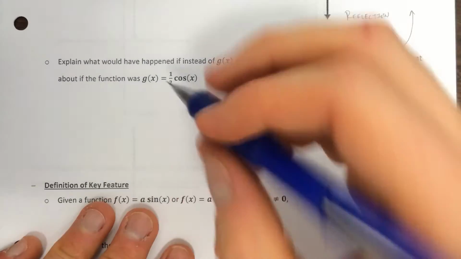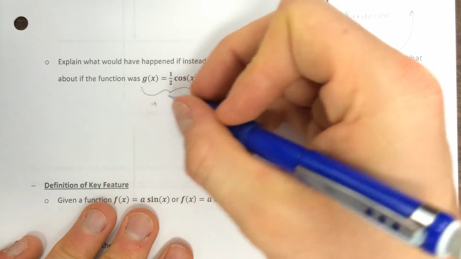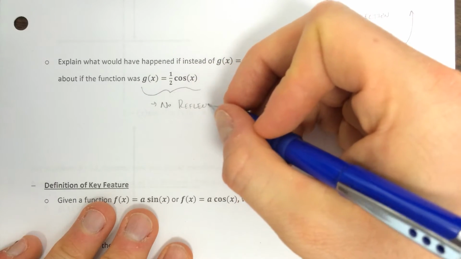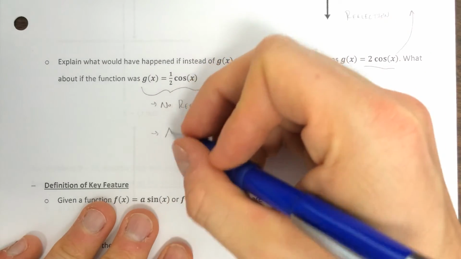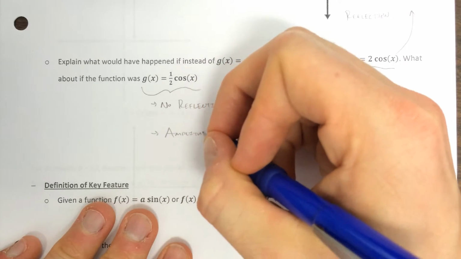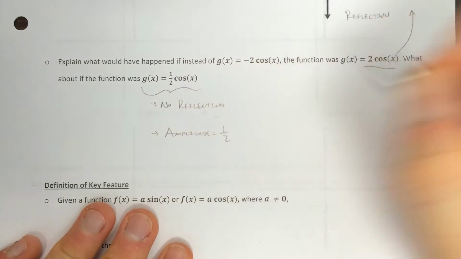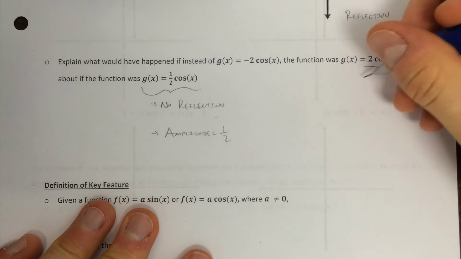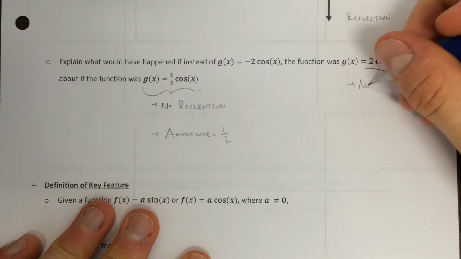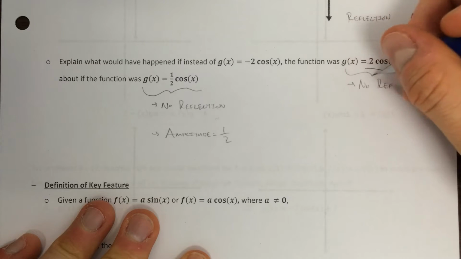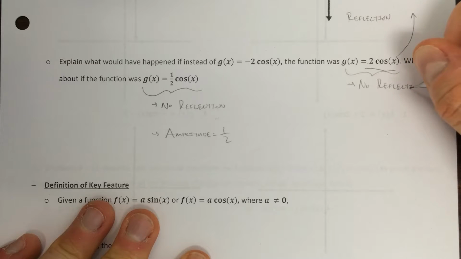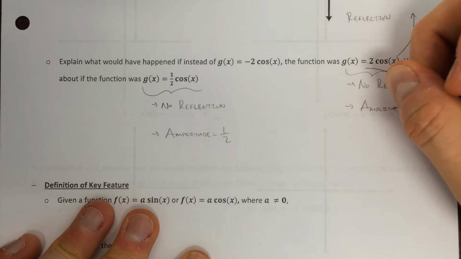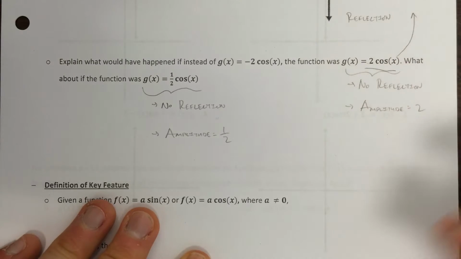If it was 1/2 cosine of x, there would be no reflection since the 1/2 is not negative, and our amplitude would equal 1/2, because that's the value multiplied by cosine of x. Similar thing here, no reflection, and our amplitude is 2.